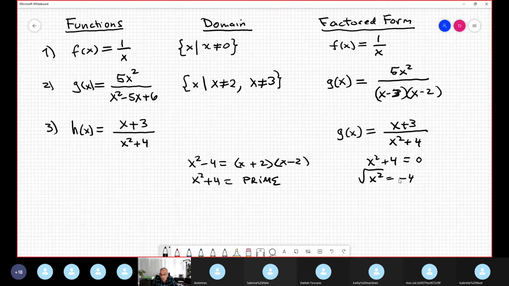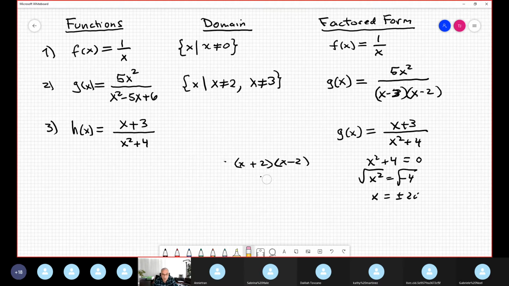And when you apply the square root, wow, look at what happened. x is equal to plus or minus 2i. So remember my recommendation. When you try to find something in algebra, and you get an imaginary or complex number, it's because it does not exist. So the restriction that you try to find does not exist.